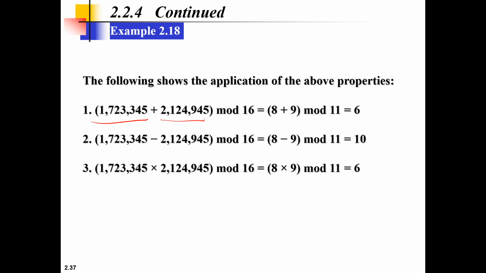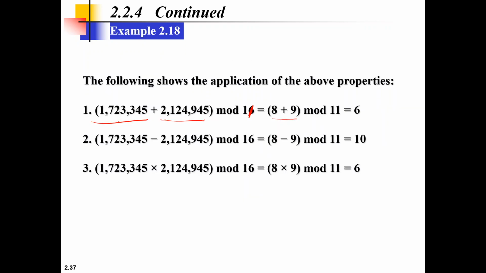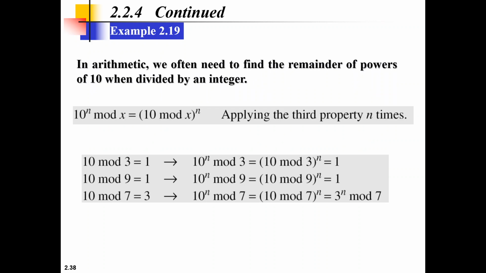So you will find this number mod 11 plus this number mod 11. The answer you have is 8 plus 9, and then this should be mod 11, then you have the answer 6 here. So this way, for the largest numbers also you will be taking the mod operations and calculating here.